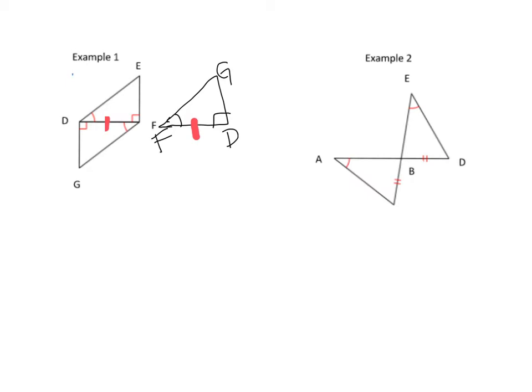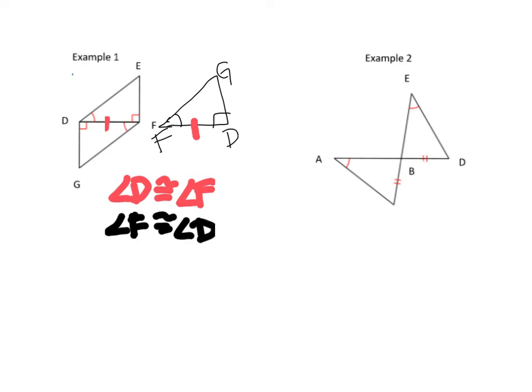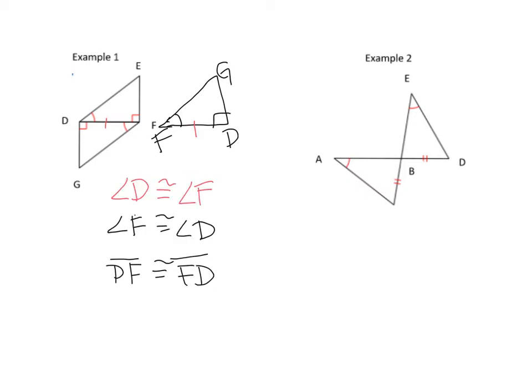So what we would then be able to establish is we have apparently angle D congruent to angle F. We have that angle F is congruent to angle D. And we also have side DF is congruent to side FD.